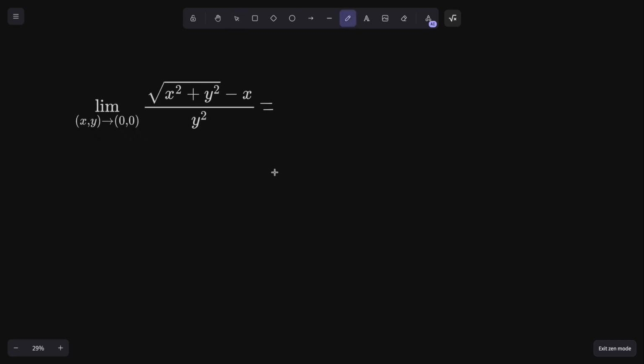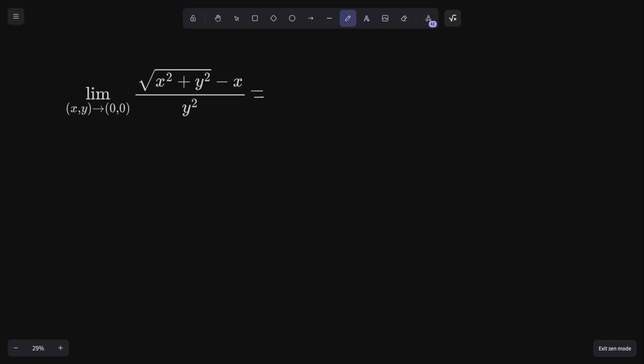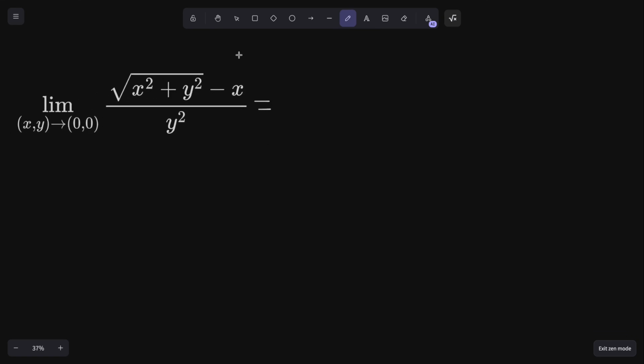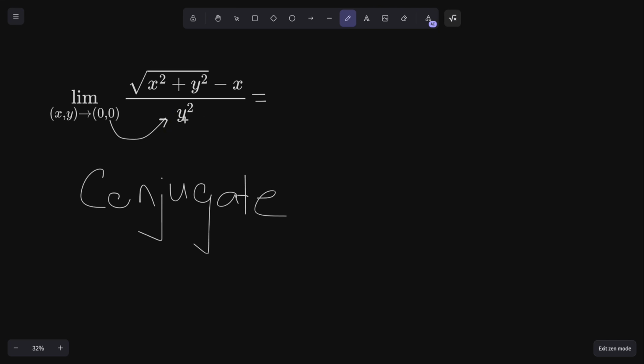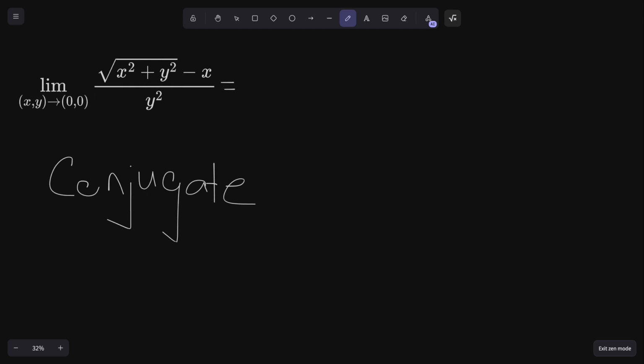How would you do this one? For this one, notice how there's a thing minus another thing, and that's a pretty big hint that this is going to be the conjugate method. So you're going to have to multiply by the conjugate. Also, since it deals with square roots, plugging it in with direct substitution doesn't work at all, so you've got to do this using the conjugate method.